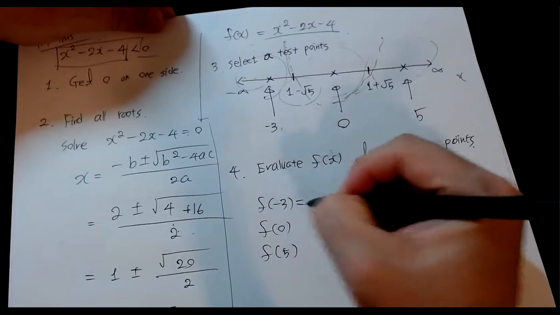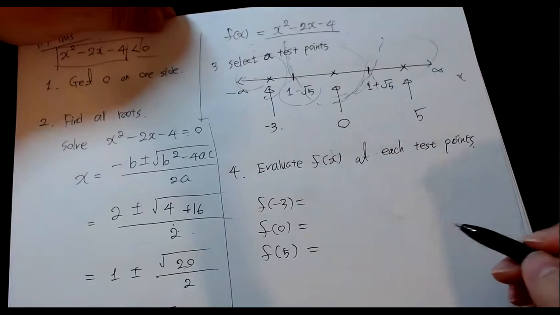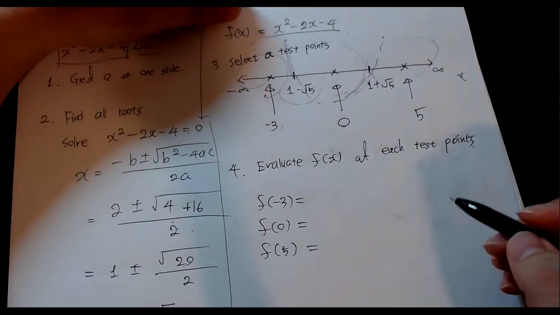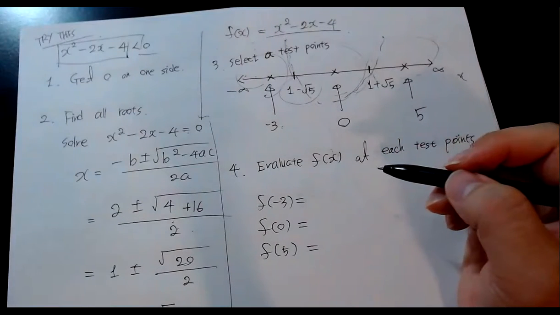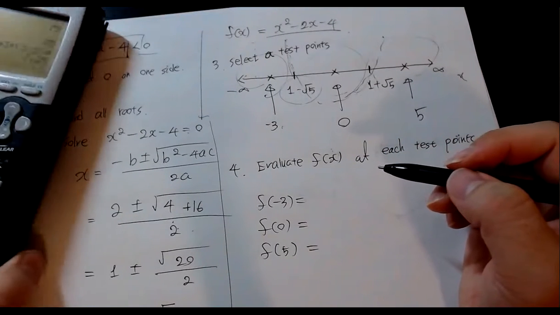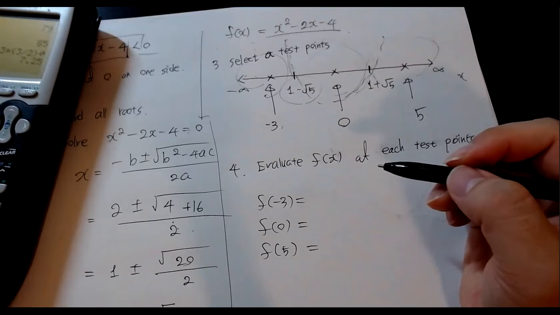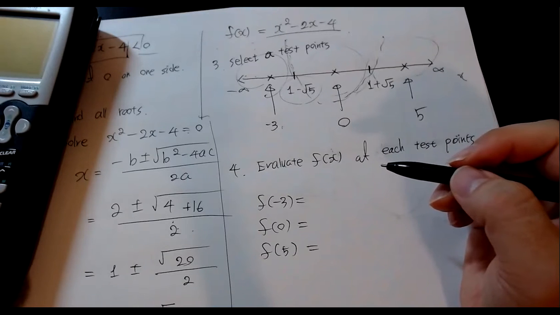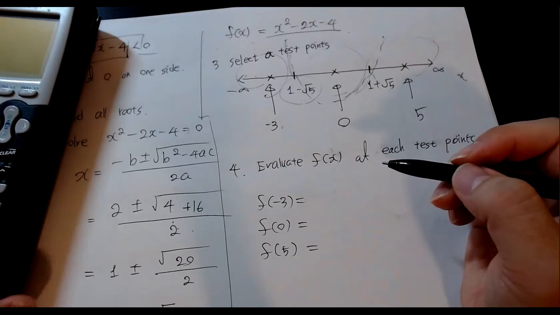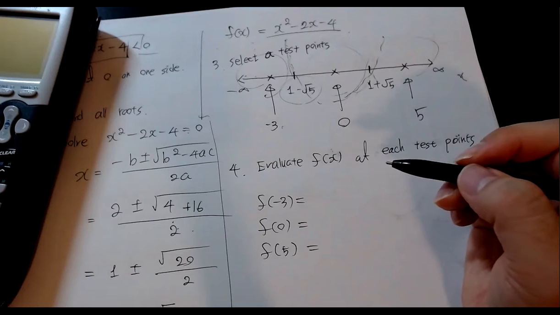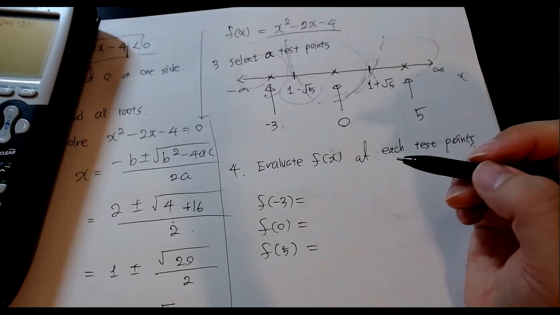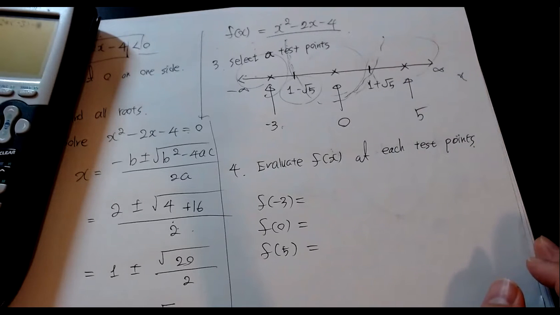You don't have to do it by hand. Just use a calculator, and you're going to get a number. For example, f of negative 3 is going to be negative 3 squared, minus 2 times negative 3, minus 4.